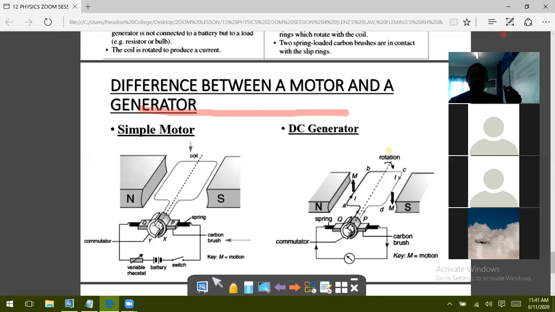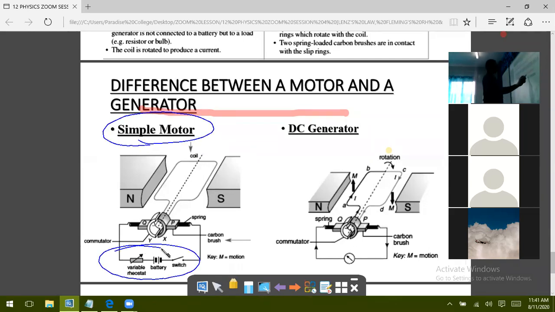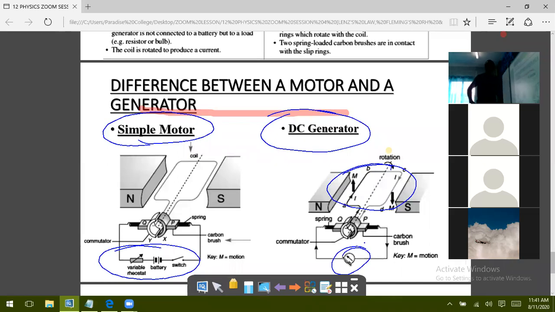Fleming's left-hand rule is when a force is involved. When force is involved, you're using Fleming's left-hand rule. When movement is involved, you're using Fleming's right-hand rule. Now the difference: the simple motor is the one that is connected to some source. In the generator, the movement taking place here produces electricity, which is used up by the load down here. So that's the whole difference.